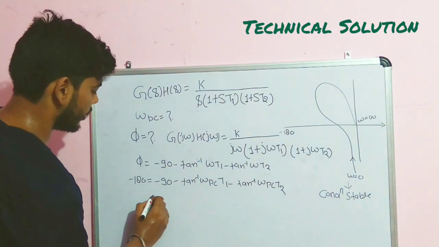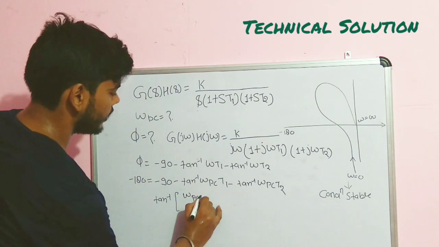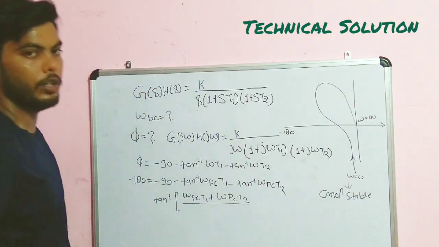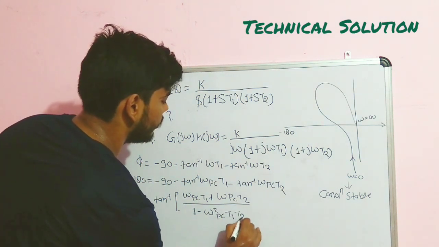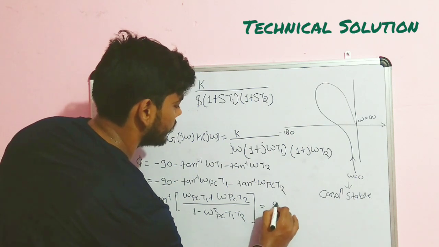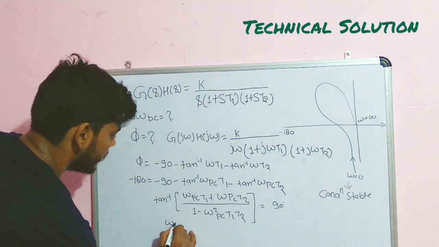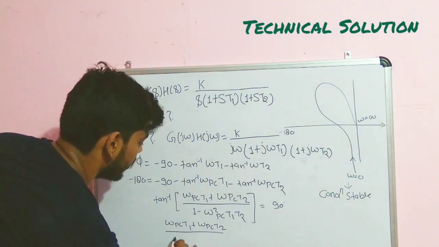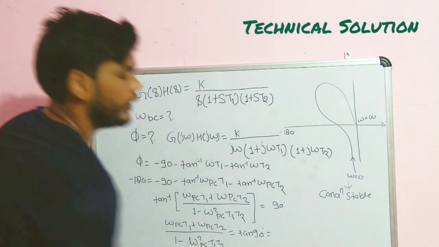When we solve this equation, we get tan inverse of (omega pc t1 plus omega pc t2) upon (1 minus omega pc whole square t1 t2) is equal to 90 degrees. So (omega pc t1 plus omega pc t2) upon (1 minus omega pc whole square t1 t2) is equal to tan 90 degrees, and tan 90 degrees is infinite.